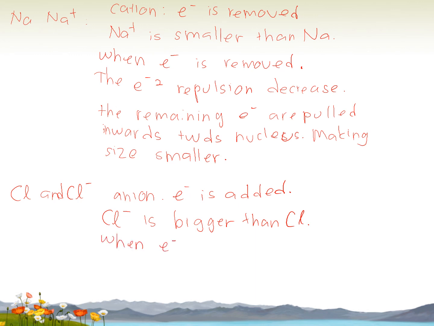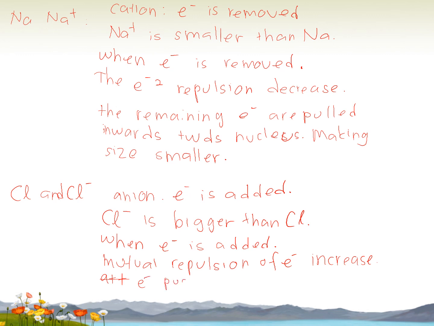When an electron is added, the mutual repulsion of electrons increases, making the electrons push apart and occupy a larger volume.